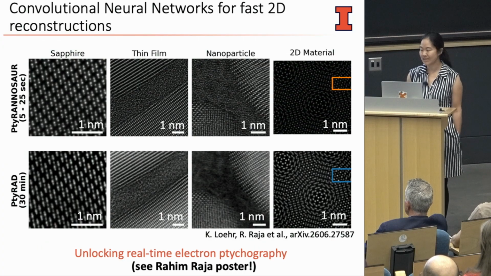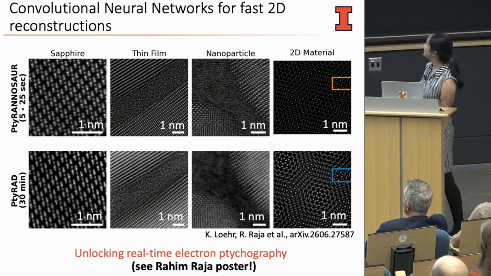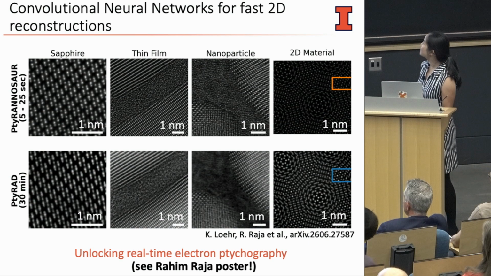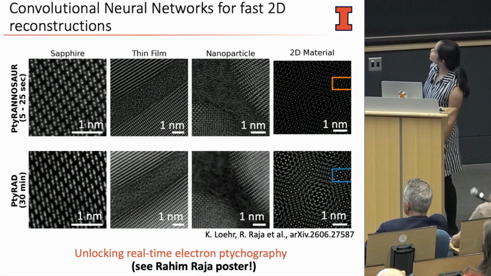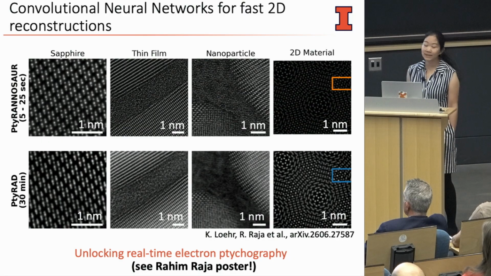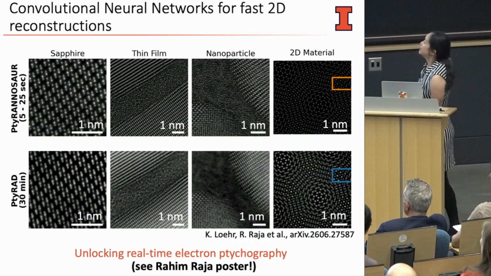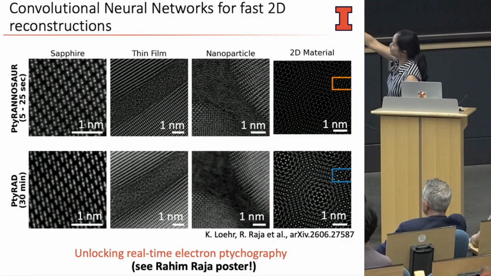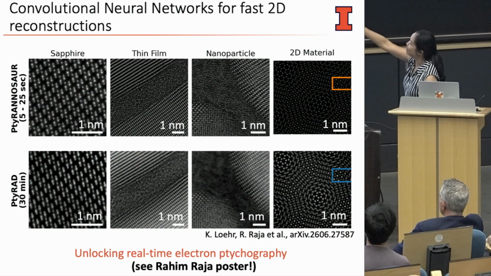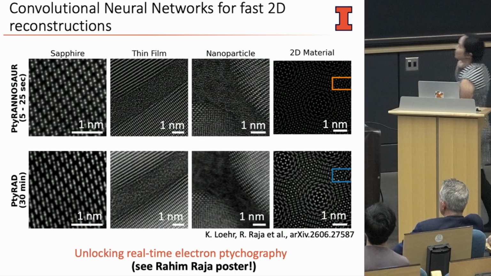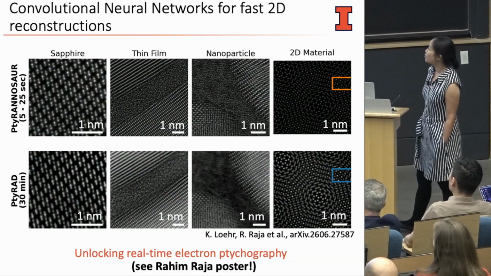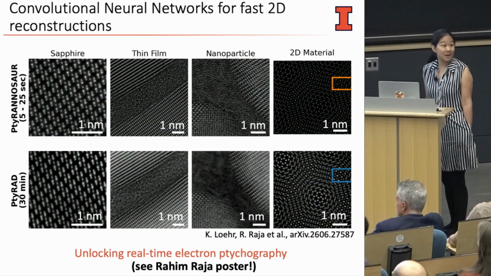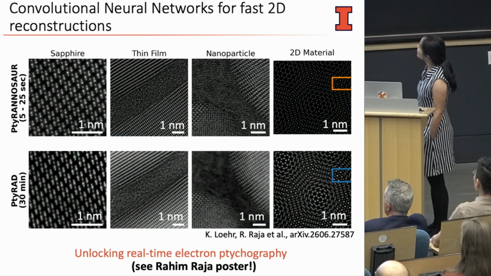And so my student Rahim and his collaborator Kieran have been working on this convolutional neural network approach to really do this thing live. So the standard method with an iterative method, so this is examples with the Tyrad code on the bottom, reconstructing a bunch of different atomic structures. We've pulled it before it converged, just to get a 30-minute understanding of what the image looks like.